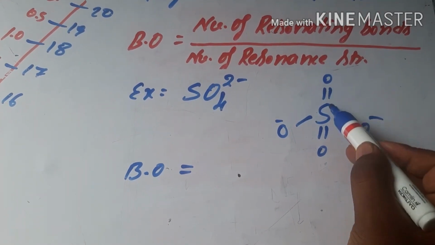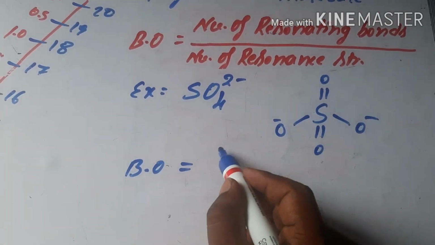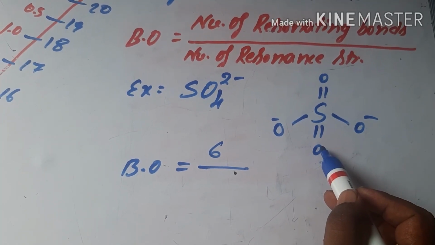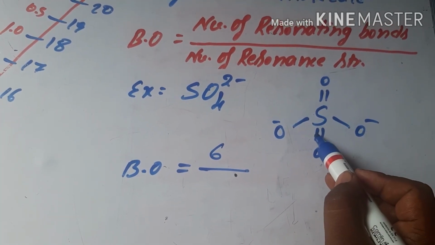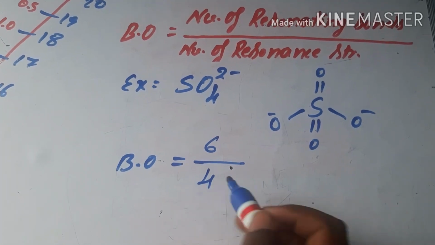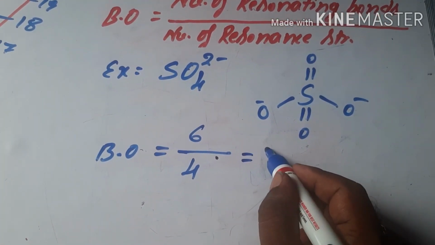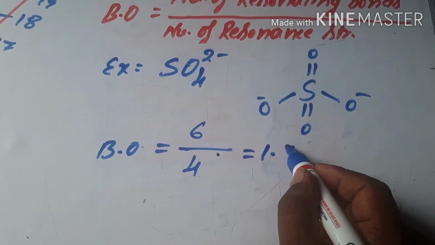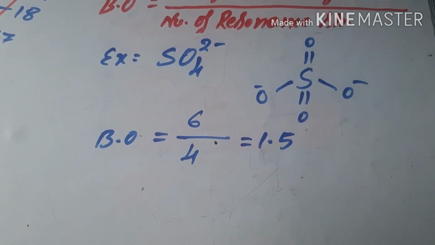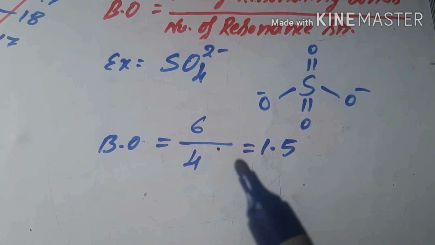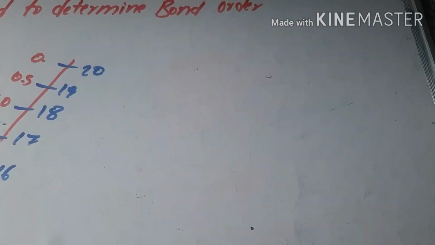So that is 2, 4, 5, 6. 6 divided by the number of resonance structures: 1, 2, 3, 4. So the bond order is 1.5. Like this you can determine the bond order of polyatomic molecules.